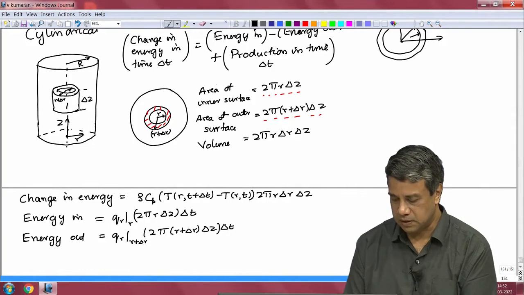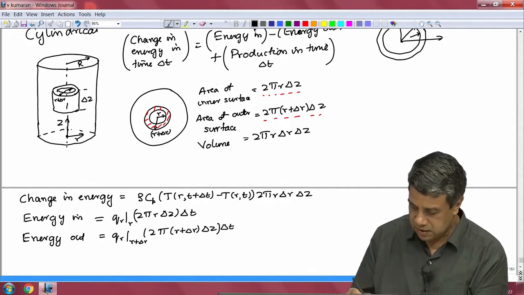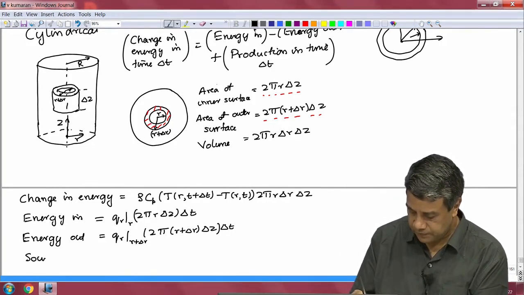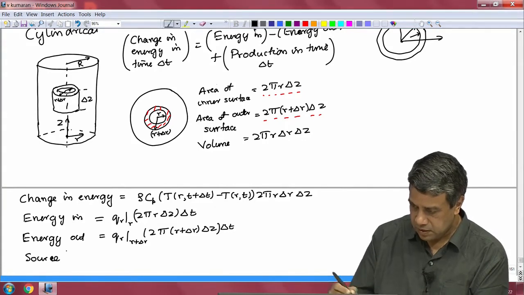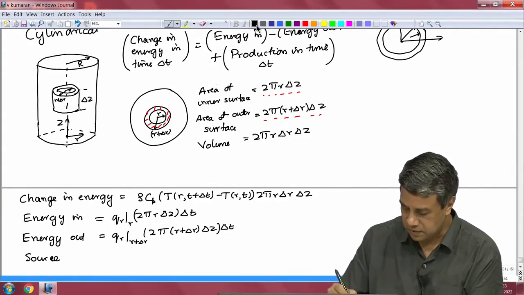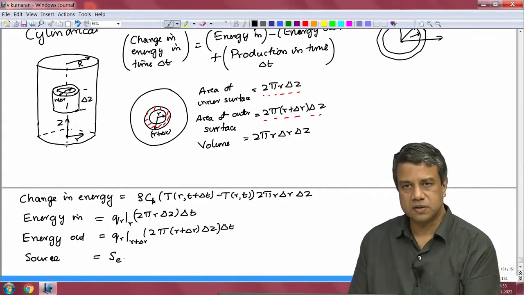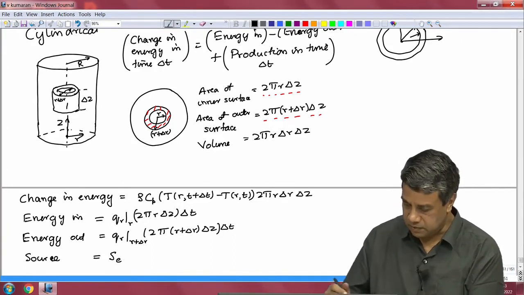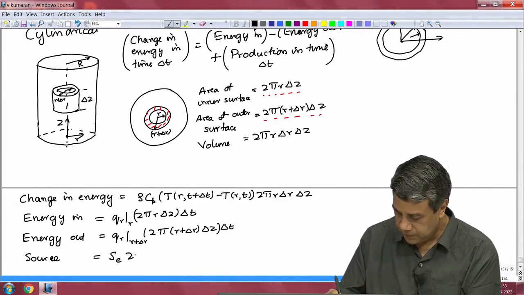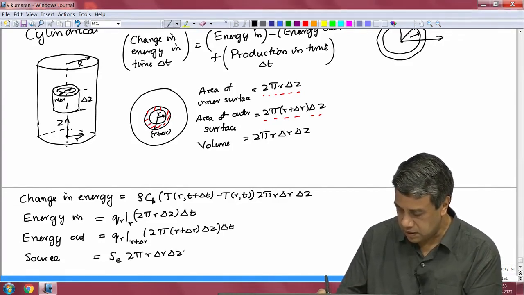That is the energy out, and any source or sink within the volume, the energy source or sink within this volume, I can write this as S E, source density, source per unit volume, times the volume, that is, 2 pi r delta z.